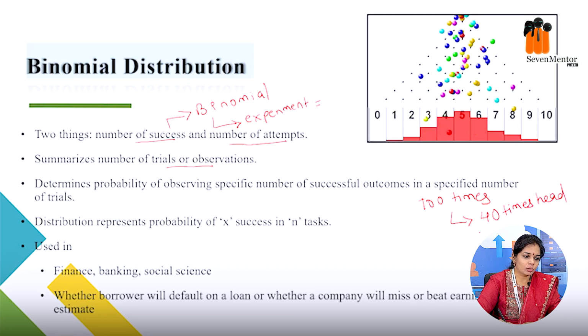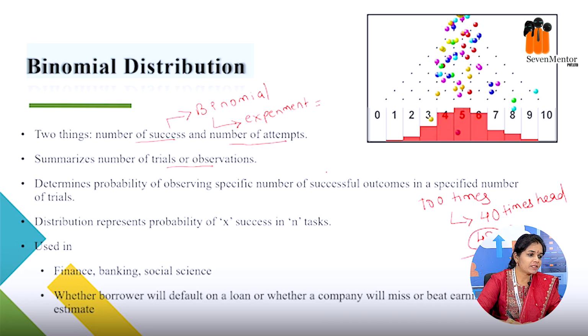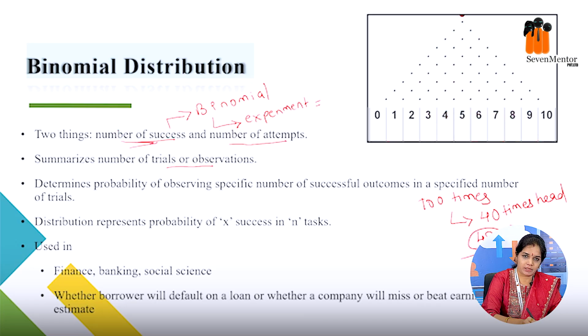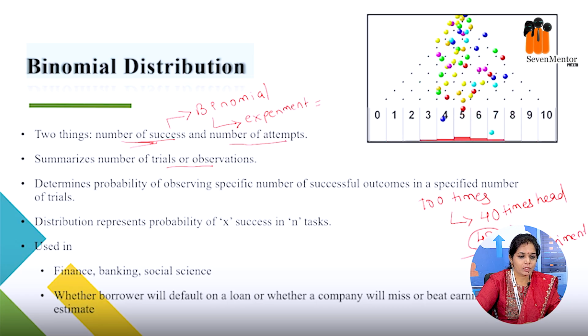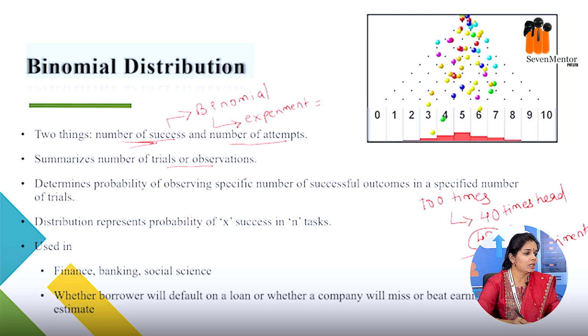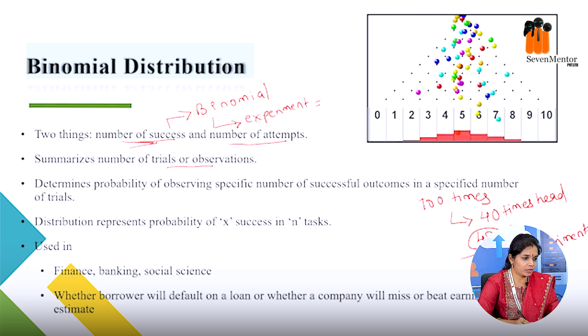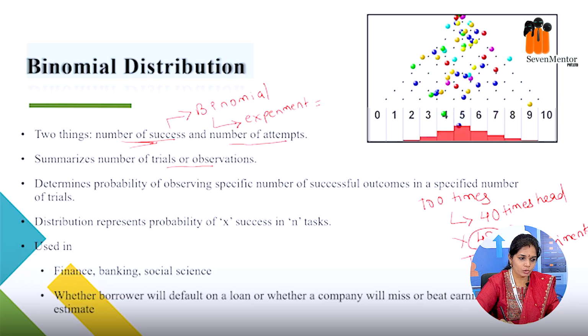So 40 is my outcome, my number of successes, divided by 100, my total number of experiments conducted. Clear with the example? So these are the important terms. If either one is missing, the other is of no use.